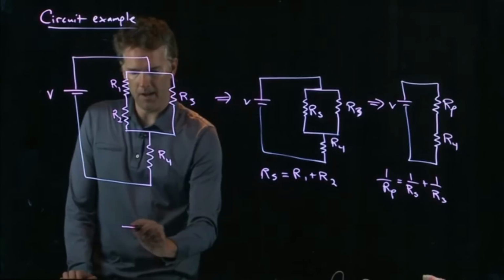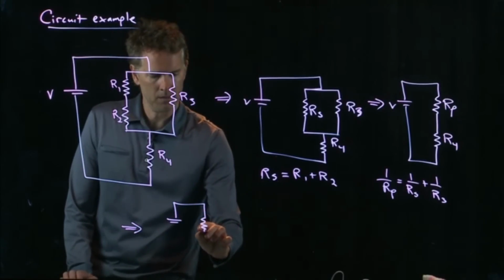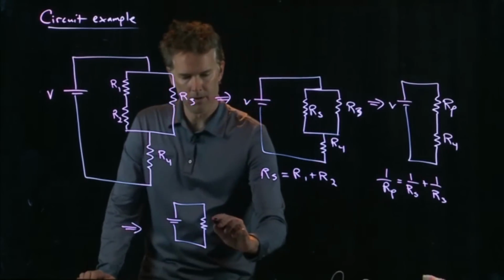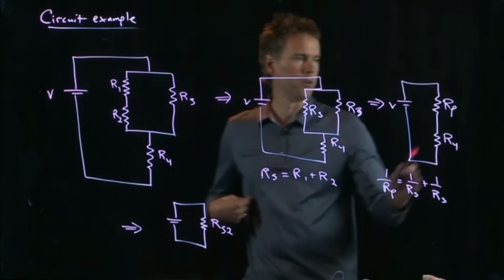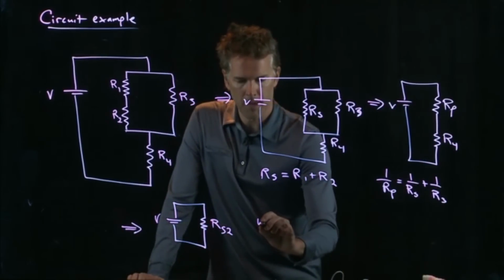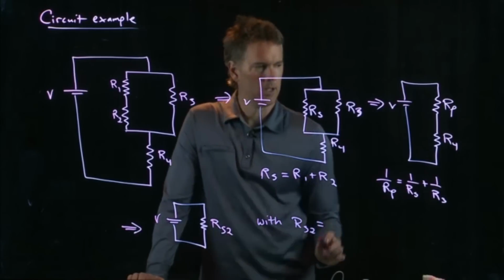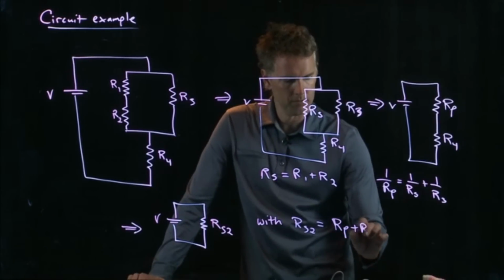And then the final step is that, and we'll call that one R sub S2, how about, since we already used R sub S. And R sub S2 is just going to be RP plus R4.